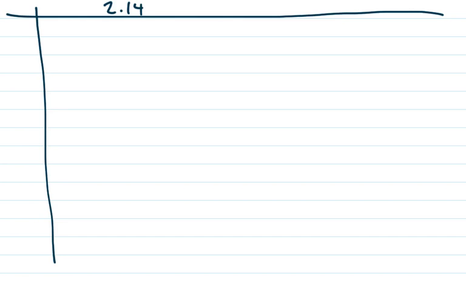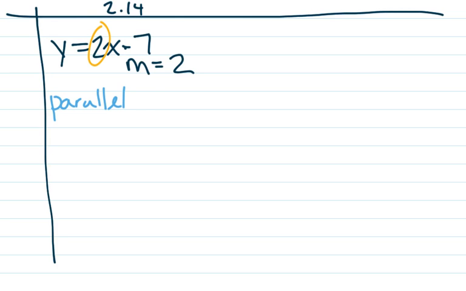Alright, so now let's talk about this. If I give you the equation y equals 2x minus 7, what is the slope of this line? The slope of this line is 2. Remember, it's the number in front of x. Then I want to know the parallel slope and the perpendicular slope.